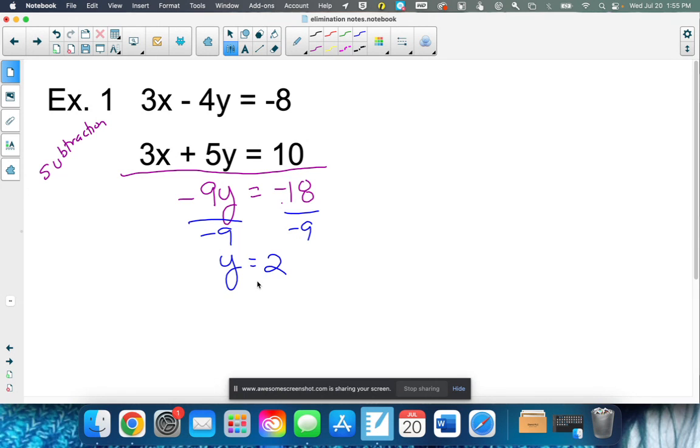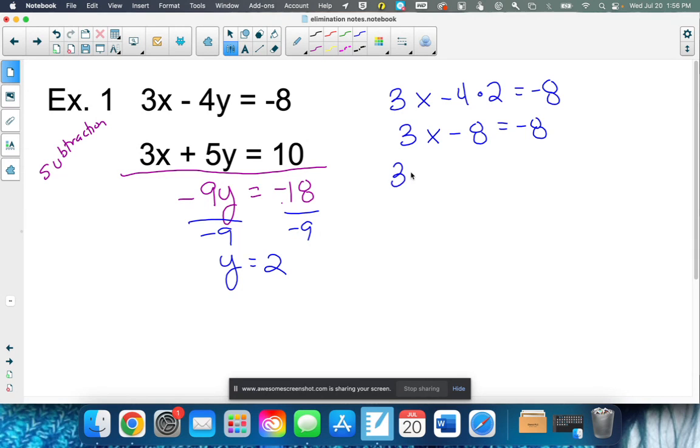So I have half of my ordered pair. I need to substitute that back in. And again, it does not matter which one you substitute it into. Take your pick, substitute it in, and solve. So I'm going to try the first one. Okay, so 3x, simplify that, negative 8 equals negative 8.